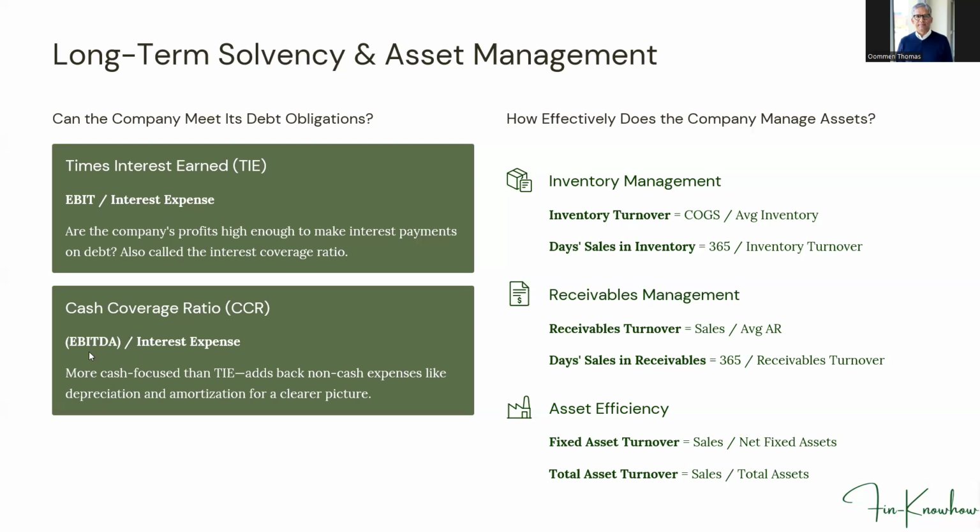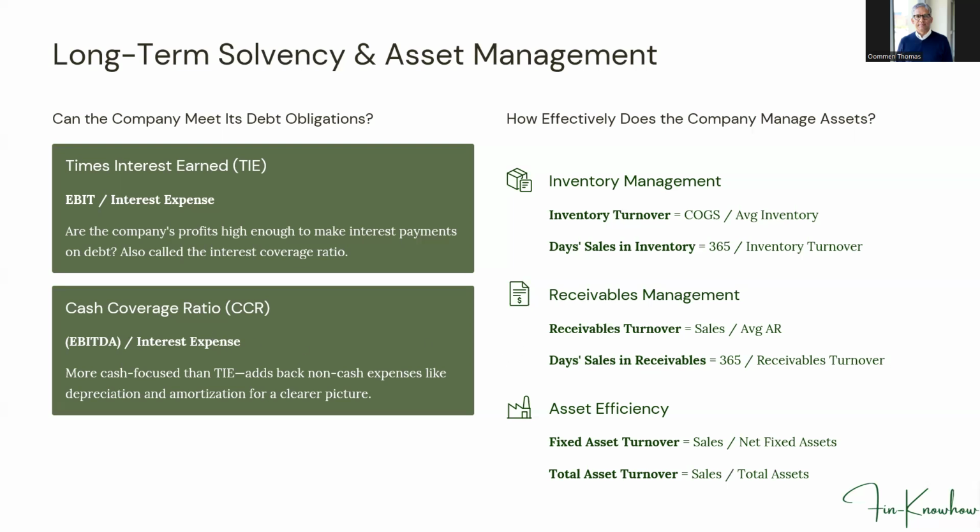We're still talking about operating profit, but a more cash friendly, if you will, measure of operating profit, which is EBITDA. So really a variant on the theme of short-term solvency, but it's really about whether there's enough profit to meet the interest obligations associated with the loan.